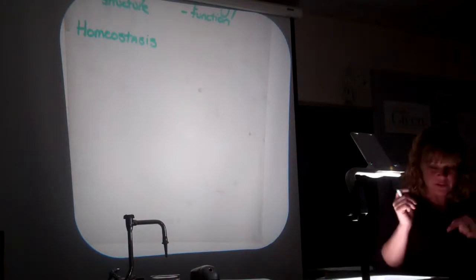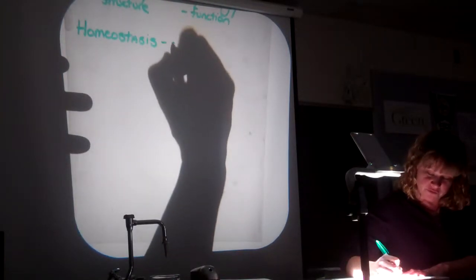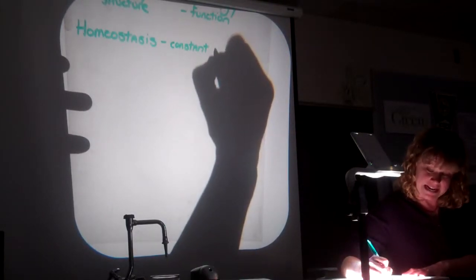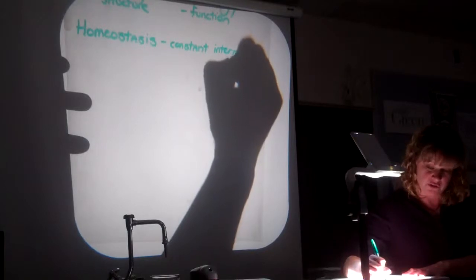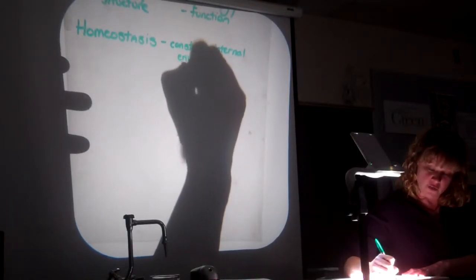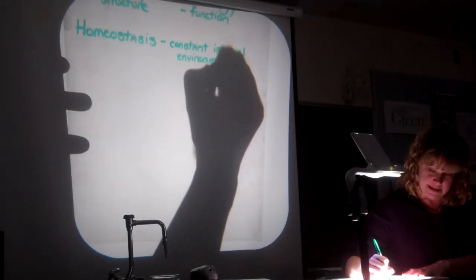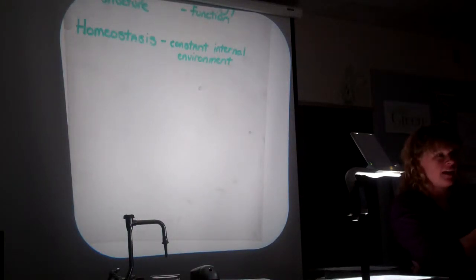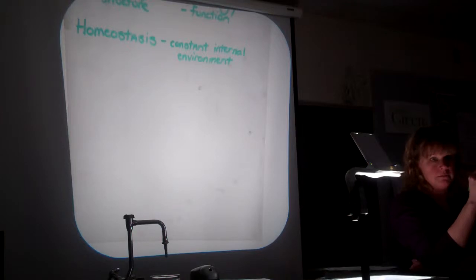The word homeostasis refers to the fact that organisms have to maintain a constant internal environment. In other words, your insides better be different from the outside and they better be stable.